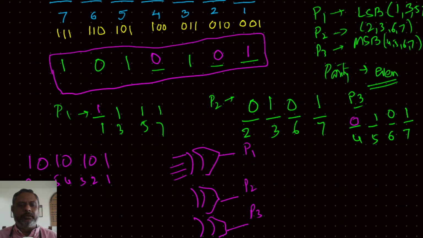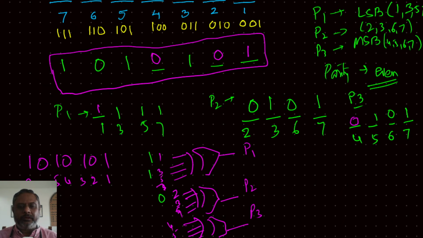So P1 talks about 1, 3, 5, 7. P2 talks about 2, 3, 6, 7. And P3 is about 4, 5, 6, 7.